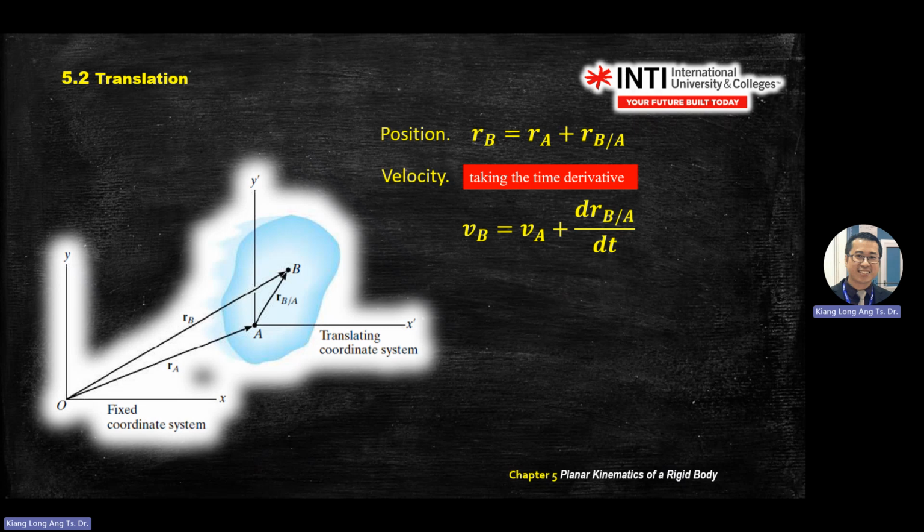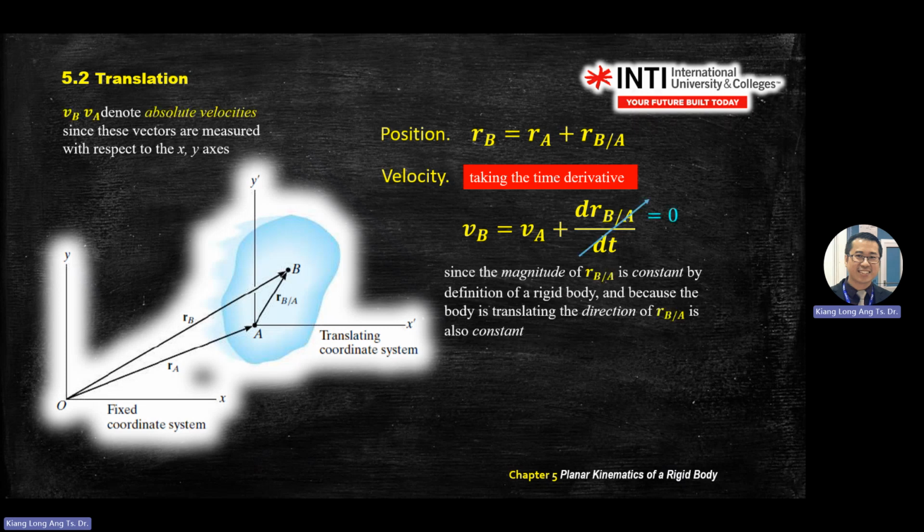And this one is RB stroke A. So you need to do differentiation of the vector RB stroke A. You can also write VB stroke A for this one, but because of the mathematics steps, I still need to explain what happened to that one.